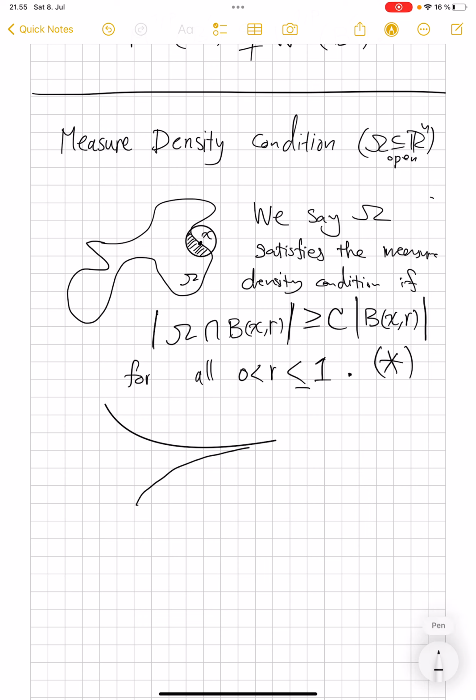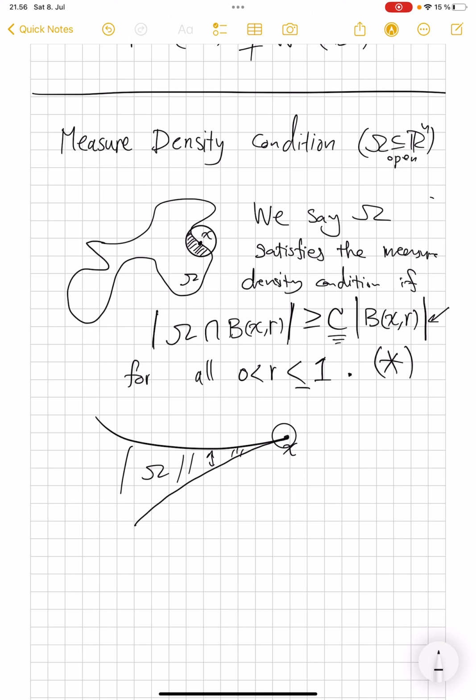In such a domain, when you pick your x here, and this is faster than polynomial, I think polynomial itself is good enough, or you can imagine an exponentially shrinking domain, then if you take x here, this condition will fail because your balls around here will pick up almost 0%.